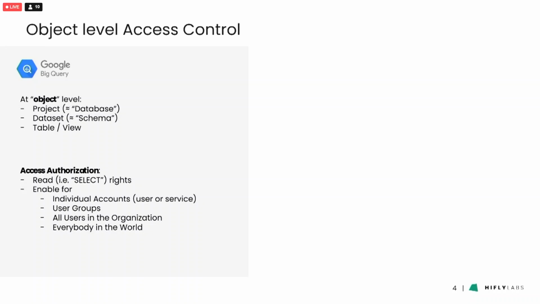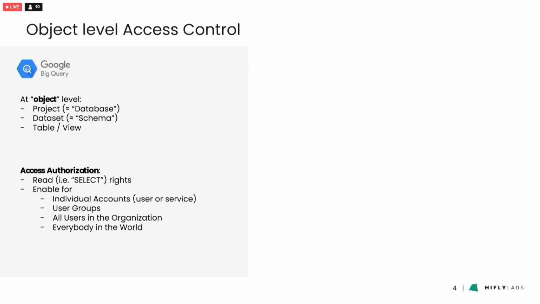Google has a slightly unconventional terminology around objects that we have in the data world. So projects in Google BigQuery or Google Cloud are something similar to what we used to refer to as databases, and data sets are what we usually refer to as schemas, but I will use the Google terminology.